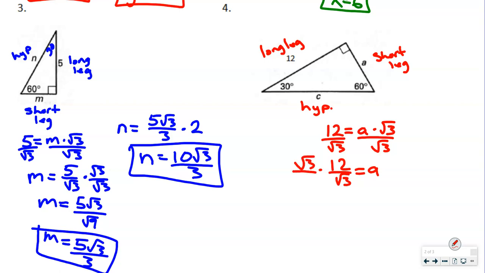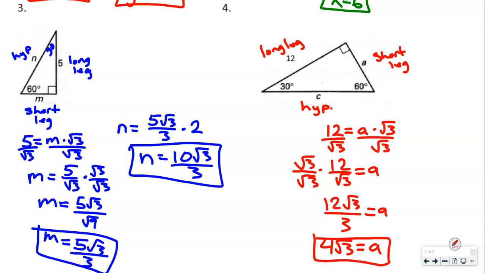So we've got to multiply by the square root of 3 over the square root of 3, which gives us 12 square root of 3 over square root of 9, which is just 3. And then we can simplify that fraction to 4. 3 goes into 12 4 times. So A equals 4 square root of 3.